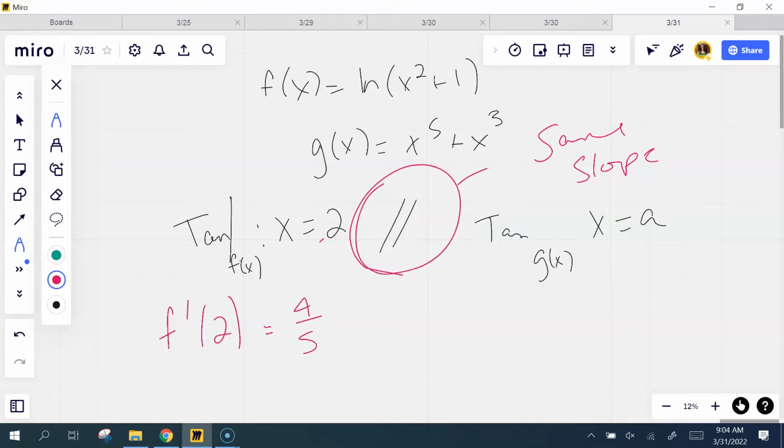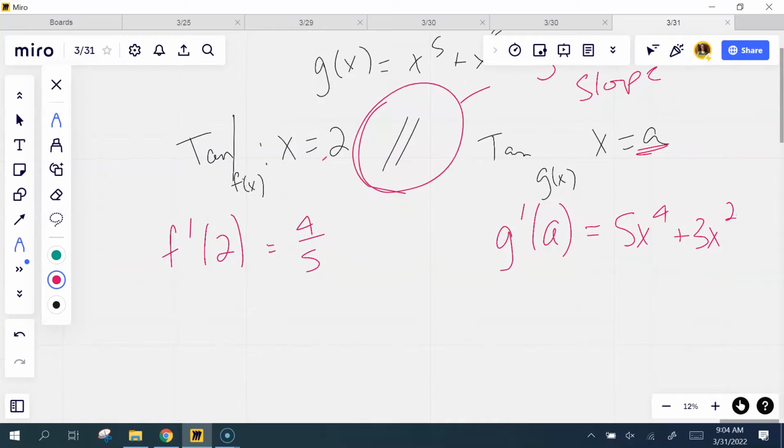The derivative of log of x squared plus 1 is 1 over x squared plus 1 times 2x. Then I plugged in 2. Now I need g prime of a, because I don't know a. So I took the derivative here, 5x to the fourth plus 3x squared, and set them equal to each other, because those are slopes.